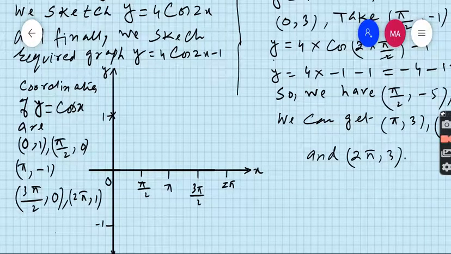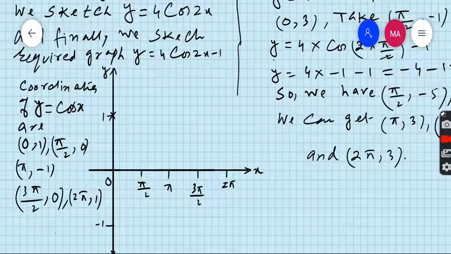So I am going to draw y equals cos x. Whenever we draw the graph of any trigonometric function, we should have all coordinates, not only the maximum and minimum points, but also the coordinates of the points on the x-axis. It means we need the x-intercepts. So I took 0 comma 1, pi by 2 comma 0, pi comma minus 1, 3 pi by 2 comma 0, and 2 pi comma 1.